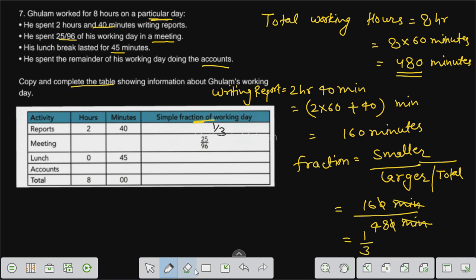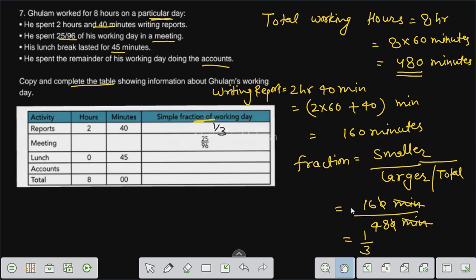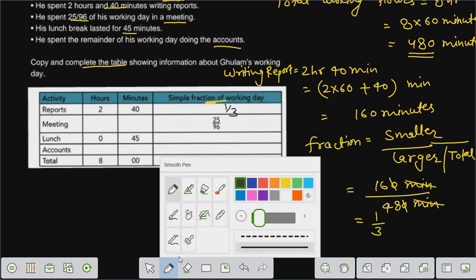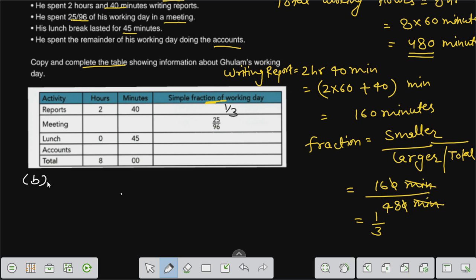Now doing the remaining question. B. He spent 25 upon 96 of his working day in a meeting. So this is your meeting time, which is 25 upon 96 of total 480 minutes.